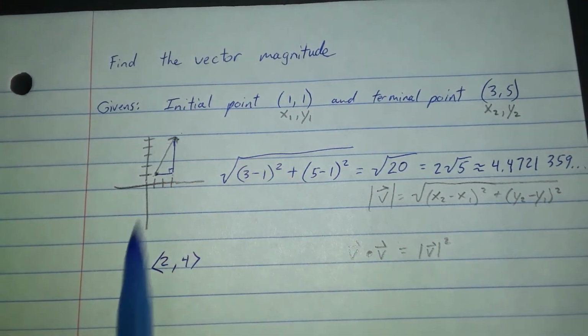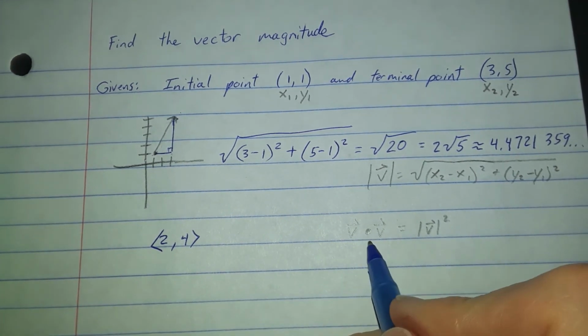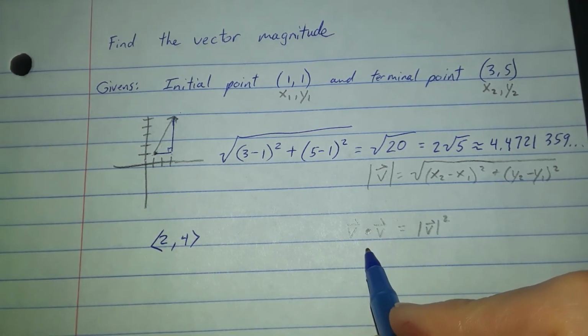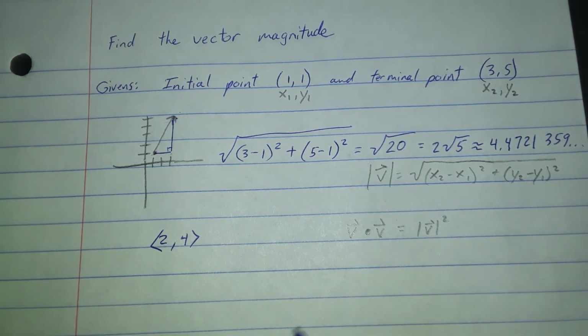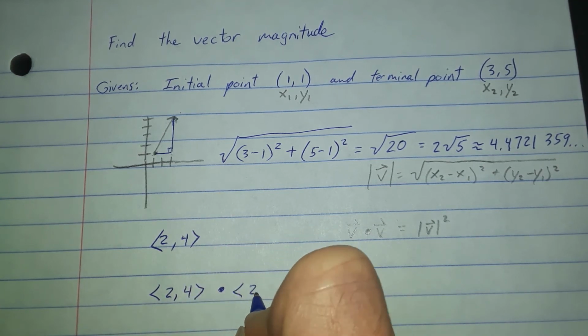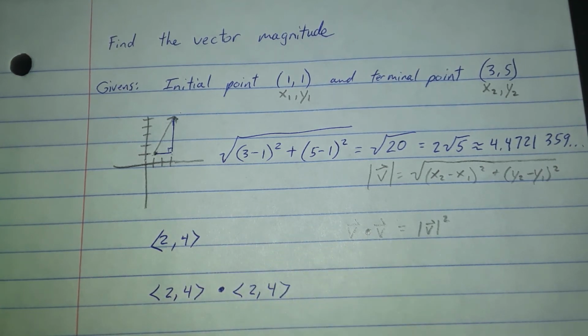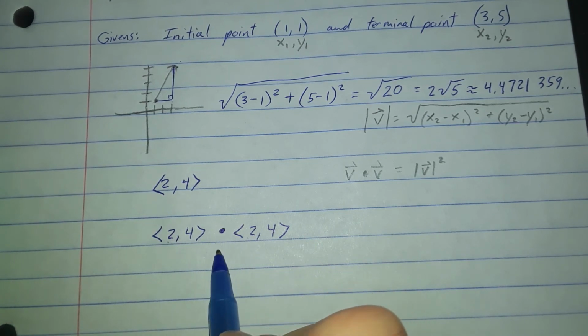So the component form of this vector is 2, 4, and I'm going to use that to do the dot product. So this says I'm taking the vector dot product itself. So I'm looking at 2, 4 dot 2, 4. When I do that, I'm looking at multiplying the first terms and then adding it to the product of the second terms.